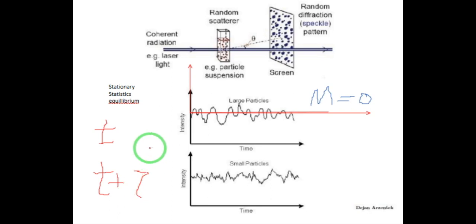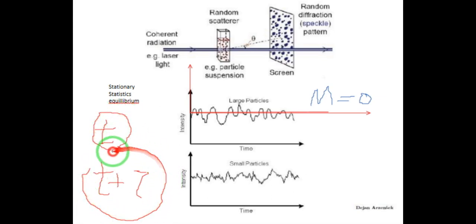So we want to consider this signal at time t and compare it with the value of the signal at time t plus tau. And then we want to see how similar the signal is at time t with respect to time t plus tau.